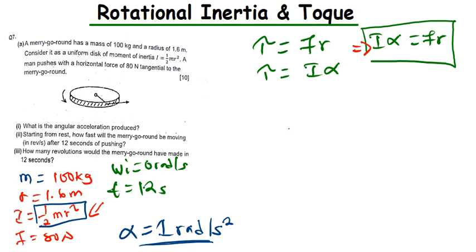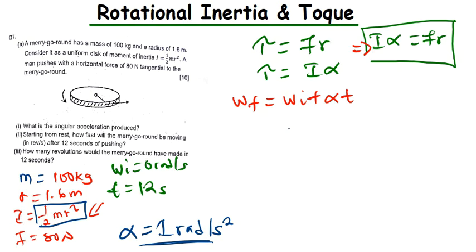Using those three formulas, we have the first formula which we have to know: the final angular velocity is equal to the initial angular velocity plus angular acceleration times time.